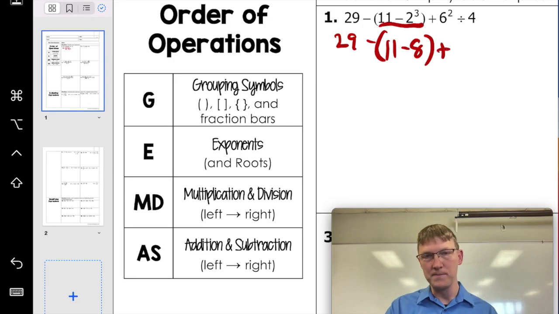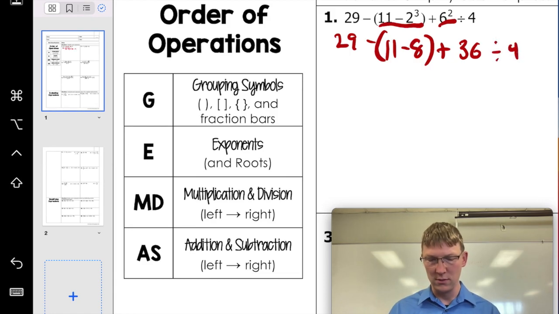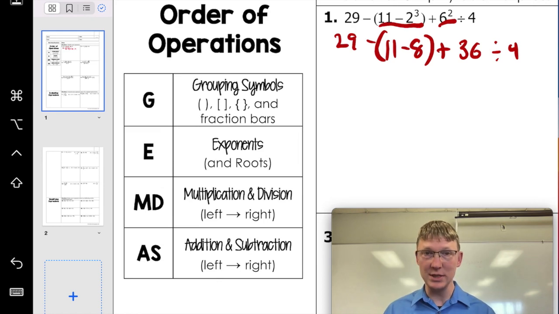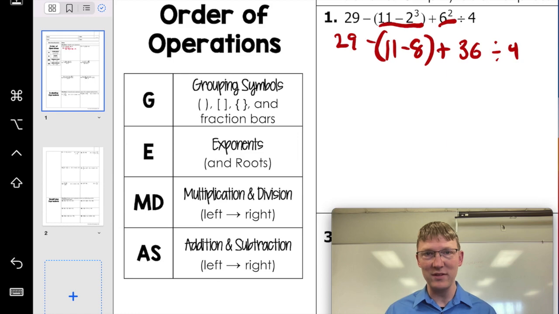And then we're outside of the bracket, outside of the parentheses. So we'll go ahead and do the 6 squared, which is going to be 36. And we'll leave the divided by 4 for now. Okay, so that's our first step. Our second step, again, everything in the parentheses happens first.